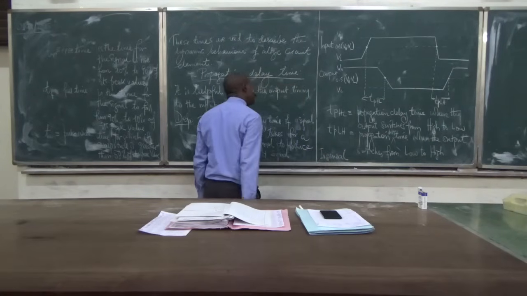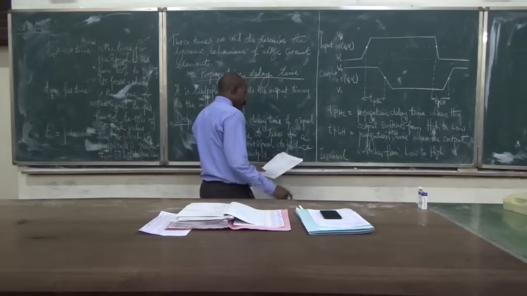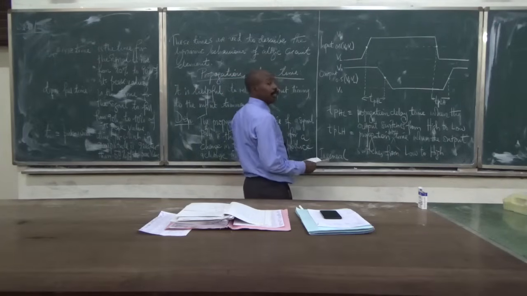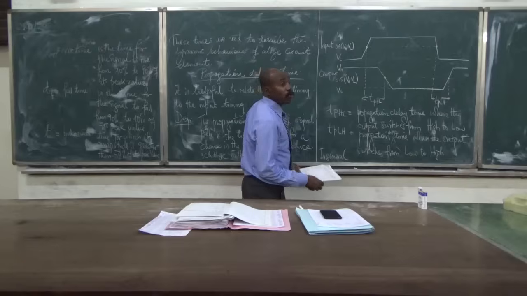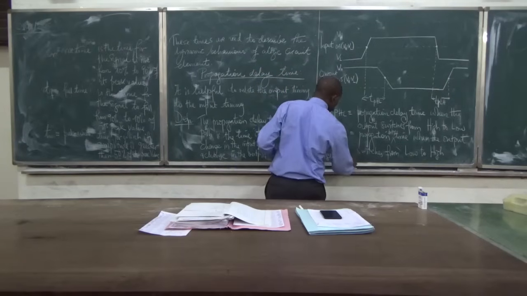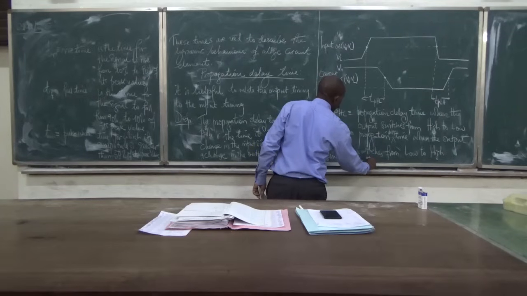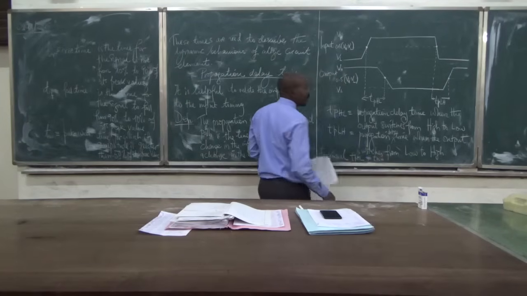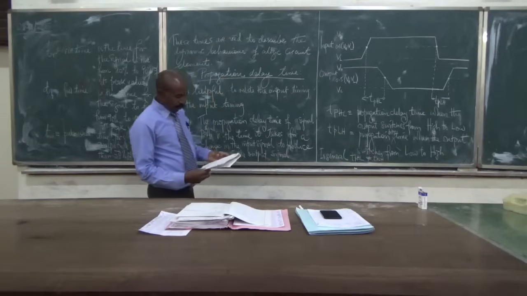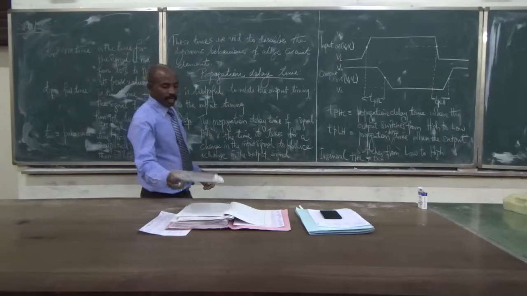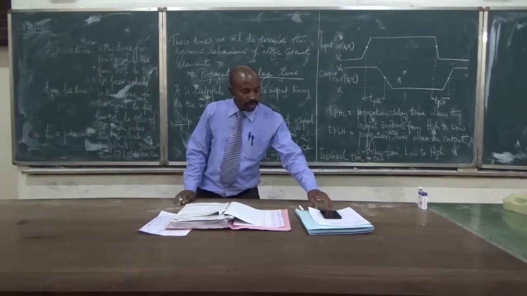In general, these times can never be equal. So TPHL can never be equal to TPLH. You cannot say that when the output is able to switch from low to high it can be equal to when it is switching from high to low.